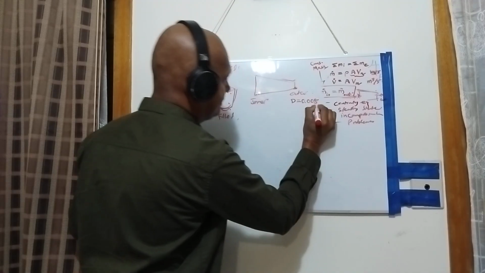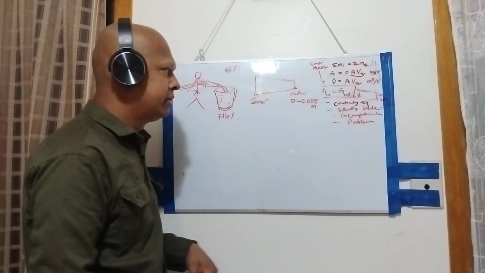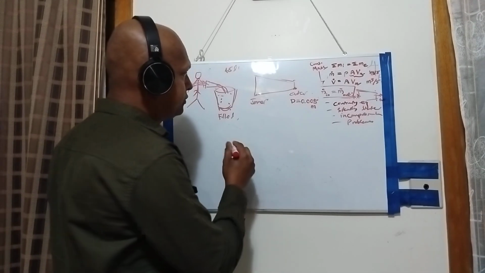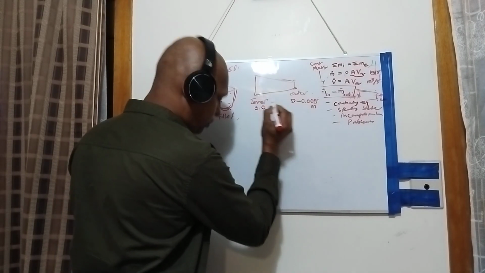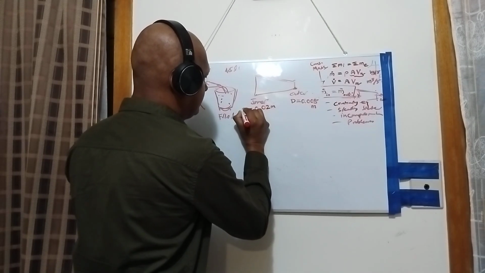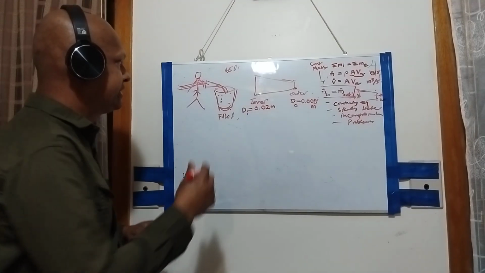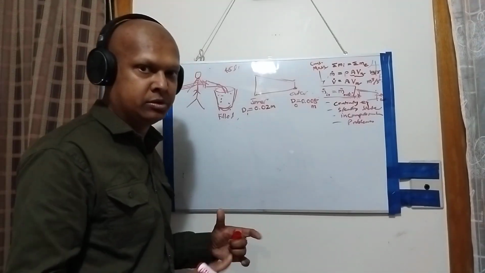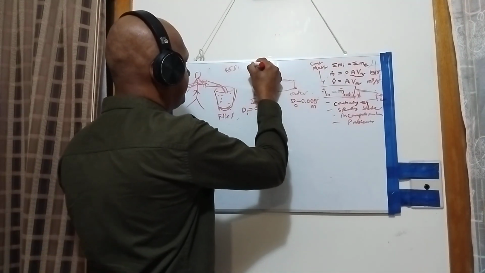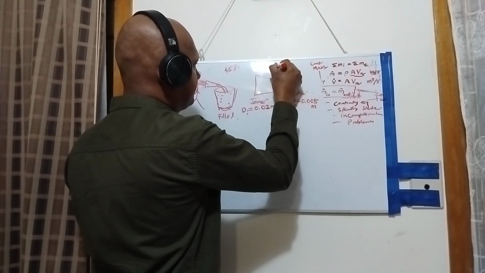It is in meters. I already did the conversions because it's easier. And the inner diameter is 0.02. That's the inner diameter. This is the outer diameter. And it says this bucket gets filled within 50 seconds. So the time t to get filled is 50 seconds.